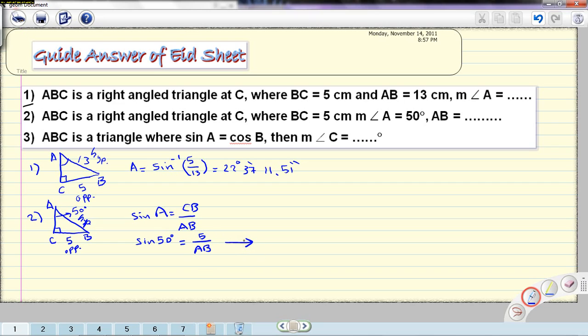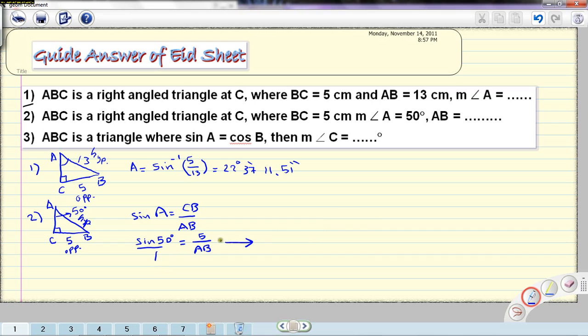Now I'm gonna get sine 50, and I think I have a calculator here. I'm looking for a calculator to get the length of AB.